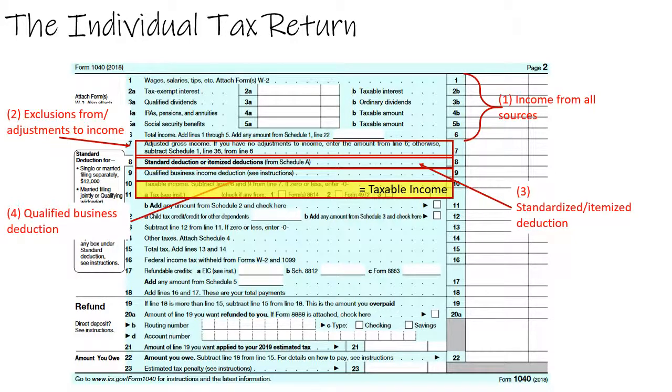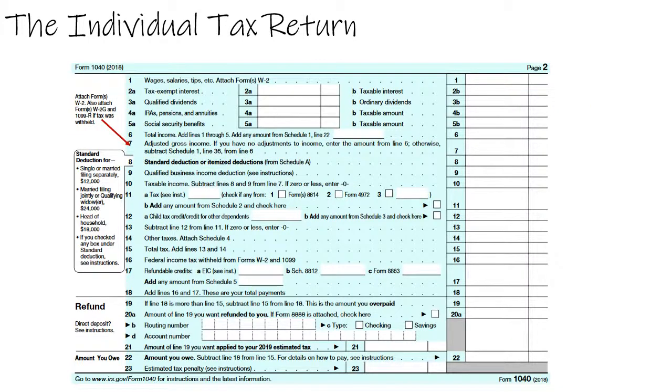Those 4 items, when combined, get us taxable income, which we would then multiply by the tax rate to compute our tax liability. In this chapter, we're addressing 2 components of the tax return.